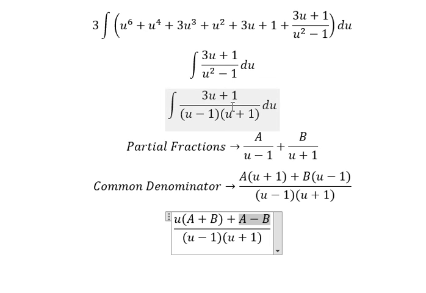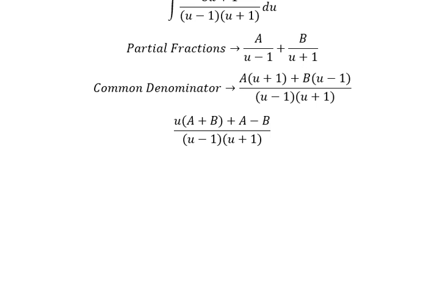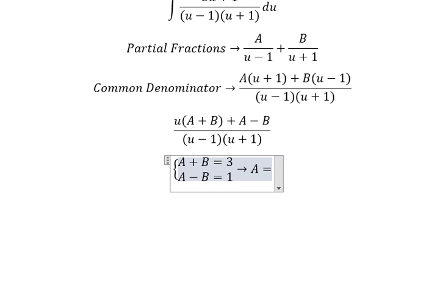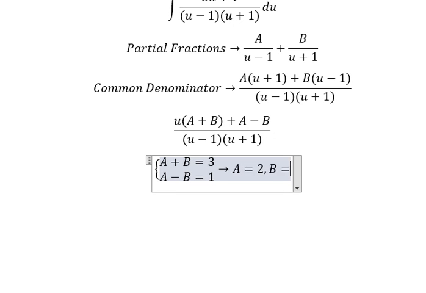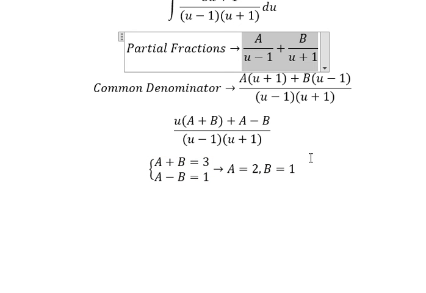This one similar, that should be equal to number 1. So we have A plus B equals 3, A minus B equals 1. So we solve this one and we have A equals number 2, B equals number 1. So we put number 2 and number 1 in here.